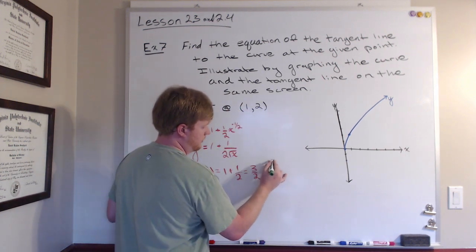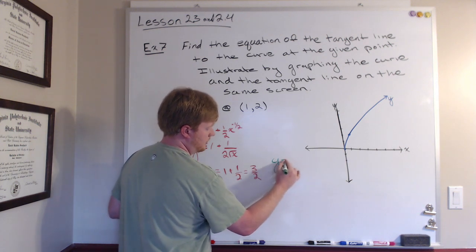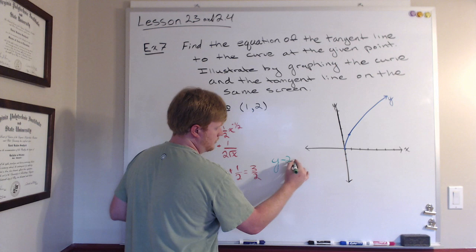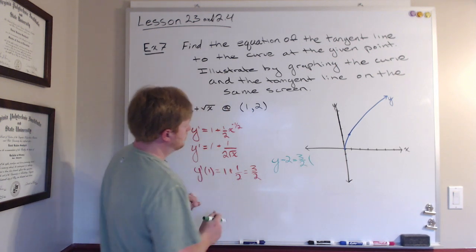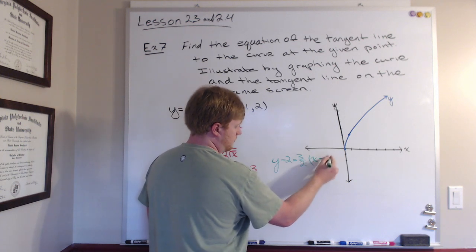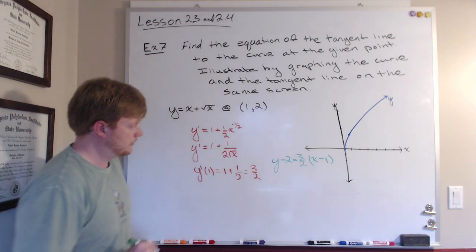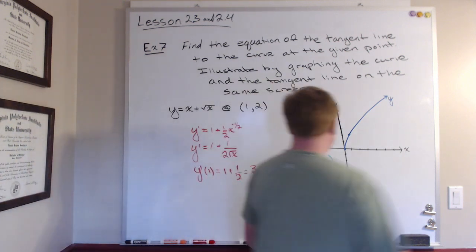We'll just keep it as point slope and say it'll be y minus 2 equals 3/2 times x minus 1.